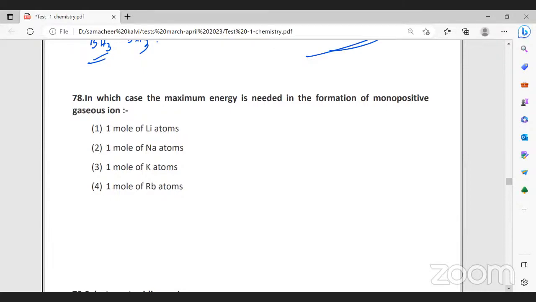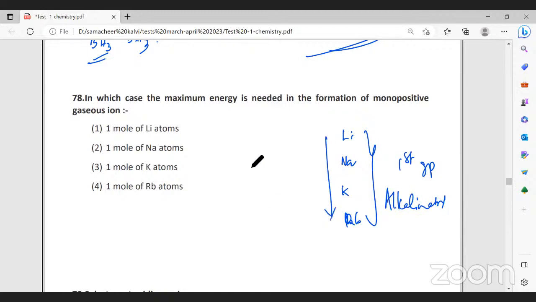If you observe carefully, lithium, sodium, potassium, rubidium all belong to the first group, the alkali metals. As we go down the group, atomic size increases.